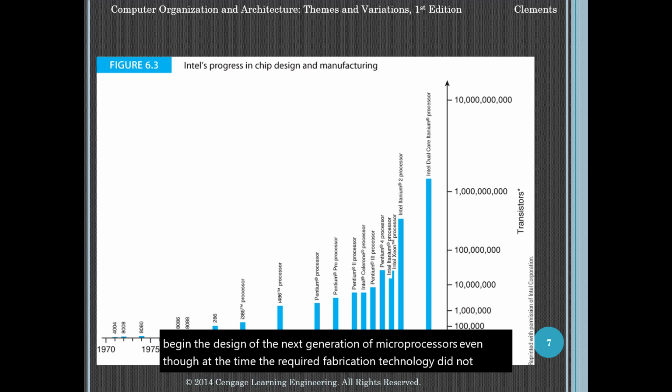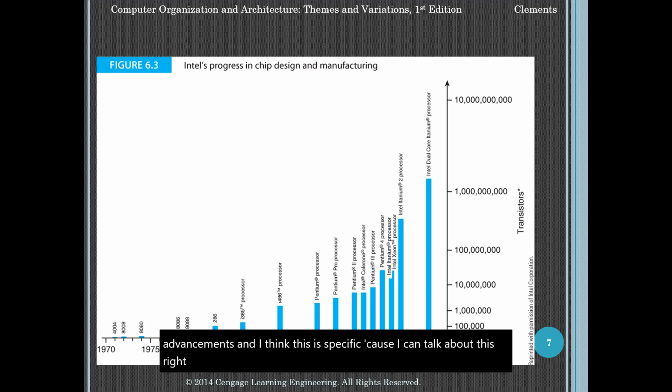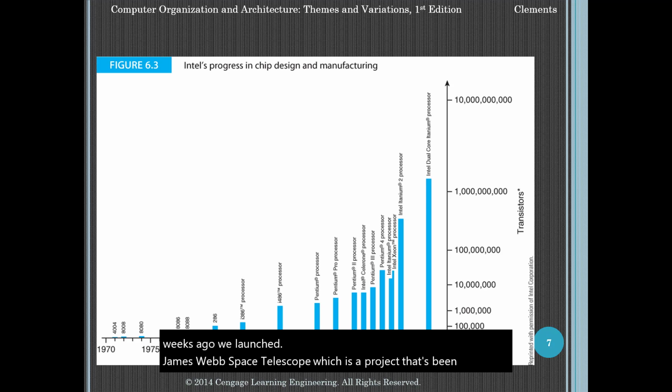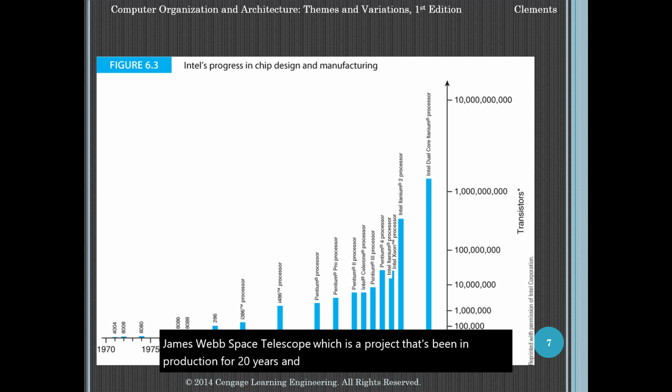And we're starting to see this in a lot of different types of advancements. And I think this is specific because I can talk about this right now. We're right at the beginning of the new year. And just a few weeks ago, we launched the James Webb Space Telescope, which is a project that's been in production for 20 years. And they actually set out with this idea of technology that hadn't been invented yet, that they knew they were going to have to develop in order to get here.